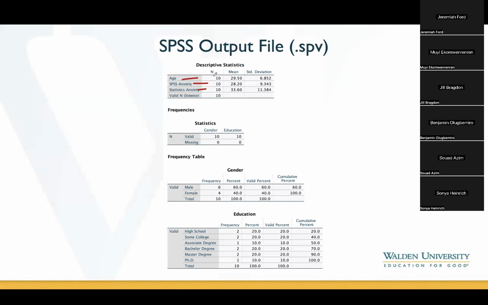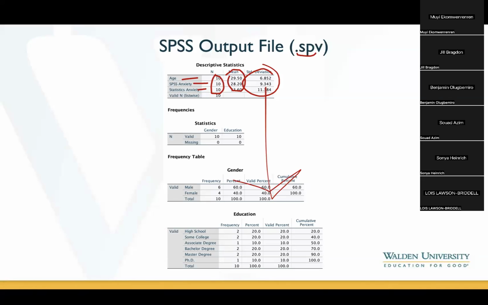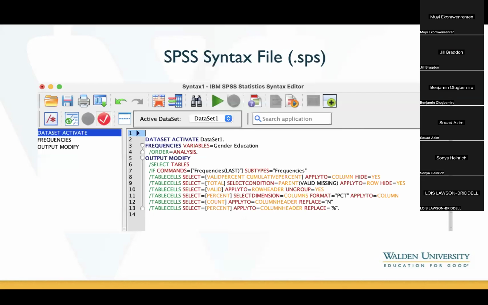It tells me there were 10 cases, and here are the average scores and the standard deviation. But we're not worried about what it all means now. I just want you to understand that this is the SPV, or the output file. So when you're told to send the output file, you are going to look for a file that has the SPV file extension.